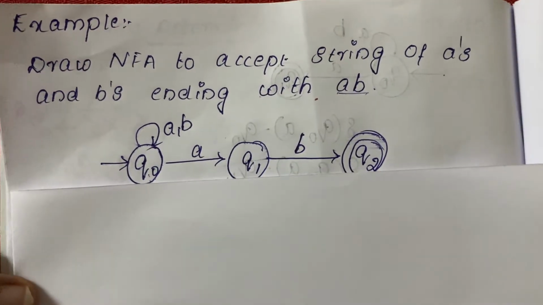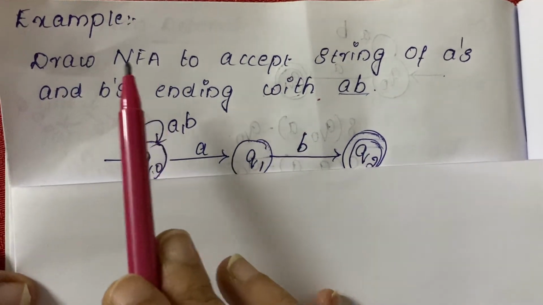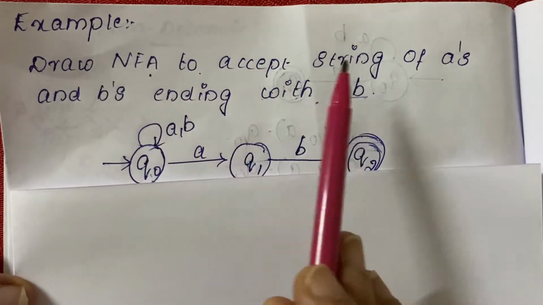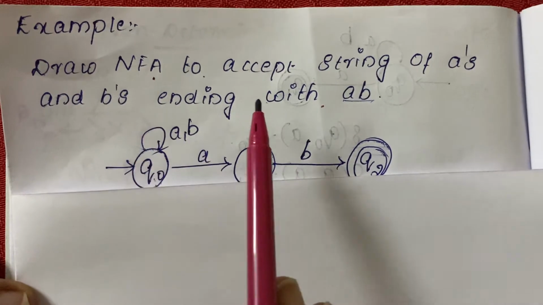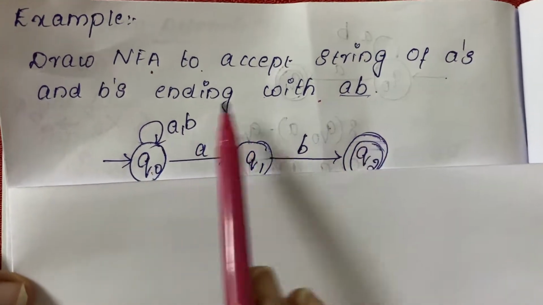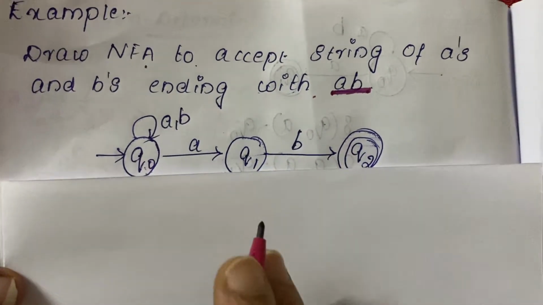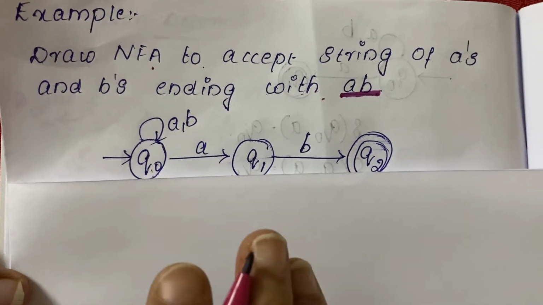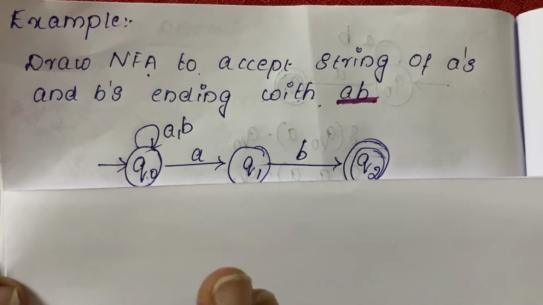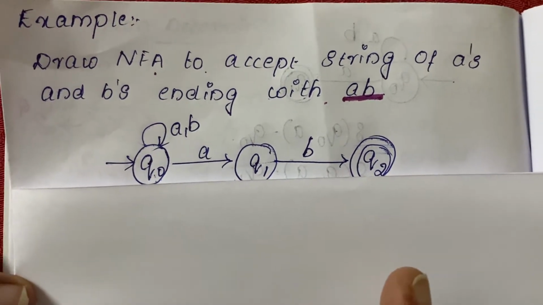Let me just read the question. Draw an NFA to accept the strings of A's and B's ending with AB. Here they have given that the string must end with AB. So this NFA must accept all those strings which are a combination of A's and B's that end with AB.